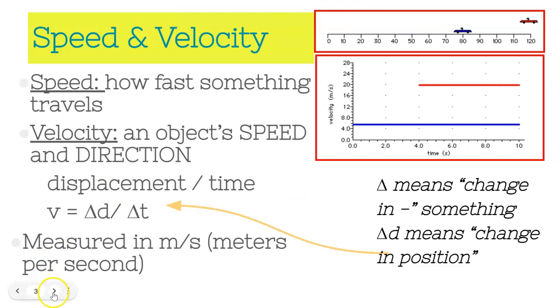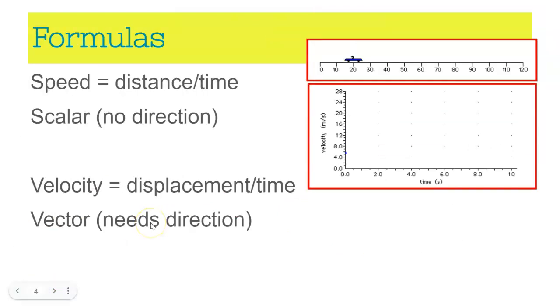Okay, so if we're taking a look at the formulas, if we were going to calculate it, speed would be distance over time, so the total distance divided by the time, and this is a scalar quantity, so there's no direction. So this would just be meters per second. That's the only unit you would use. Velocity is displacement over time.